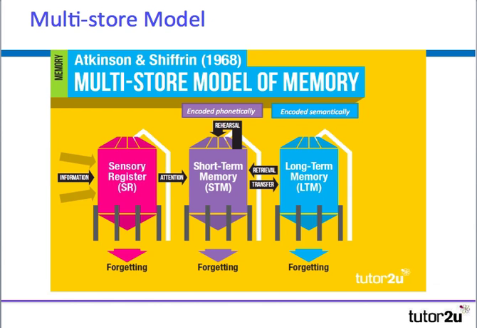And if we look here, we can see the multi-store model of memory, and we can see that it is attention that gets memory from the sensory register into the short-term memory. The multi-store memory focuses very much on dual processing and multitasking.